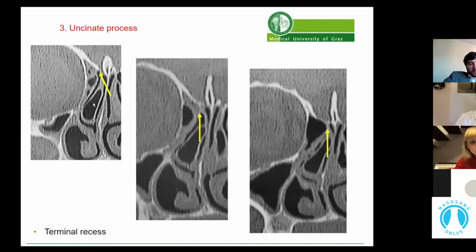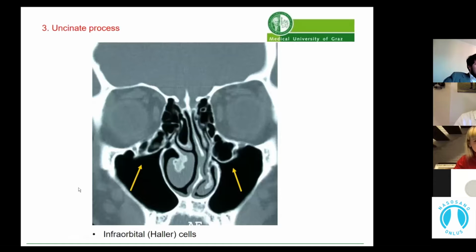Evaluate the attachment of the middle turbinate and the uncinate process, by finding the drainage pathway to the frontal recess, or if the uncinate process is attached to the orbit, then of course it forms a terminal recess.